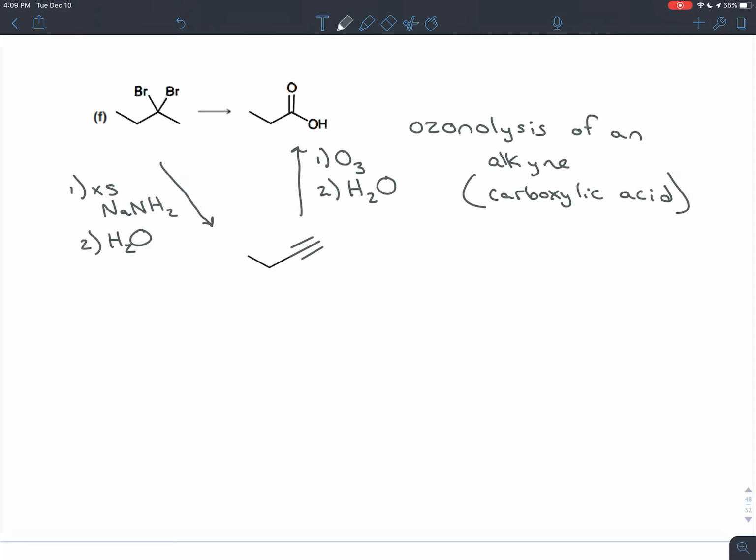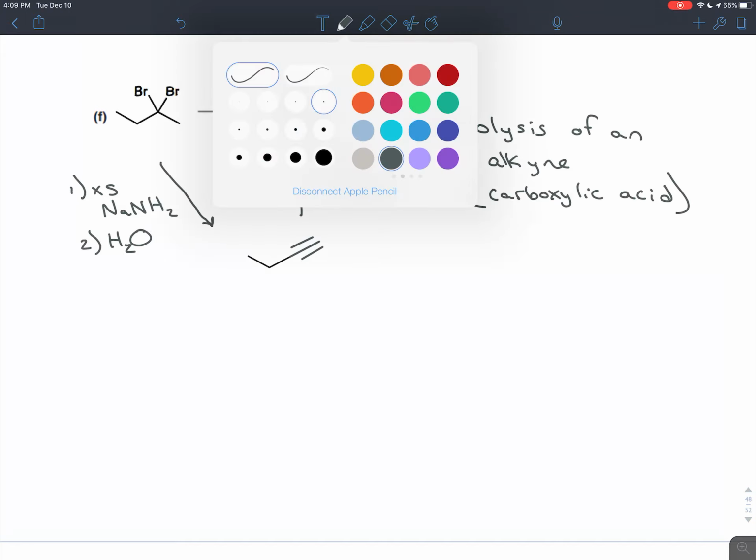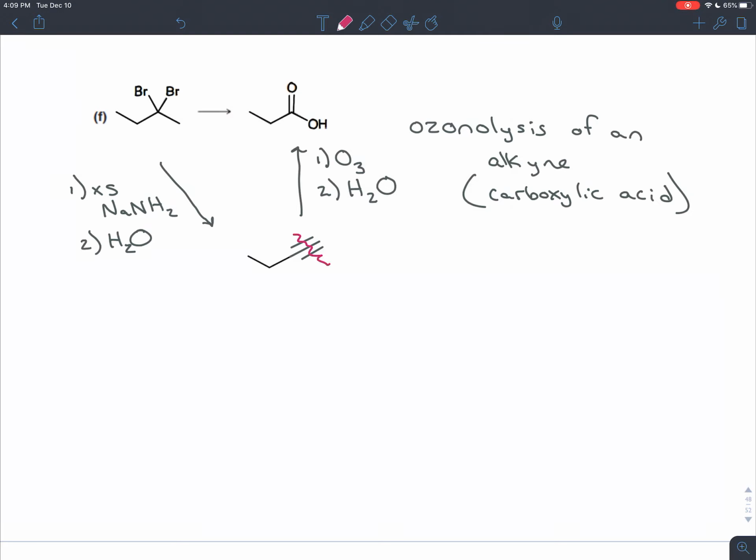Compare that with if you do ozonolysis on an alkene, where the second step is DMS. So with an alkyne, it's H2O. And what ends up happening is you cleave that bond. The carbon attached to the chain still turns into a carboxylic acid. And the other carbon, here carbon 4, would bubble away as carbon dioxide.